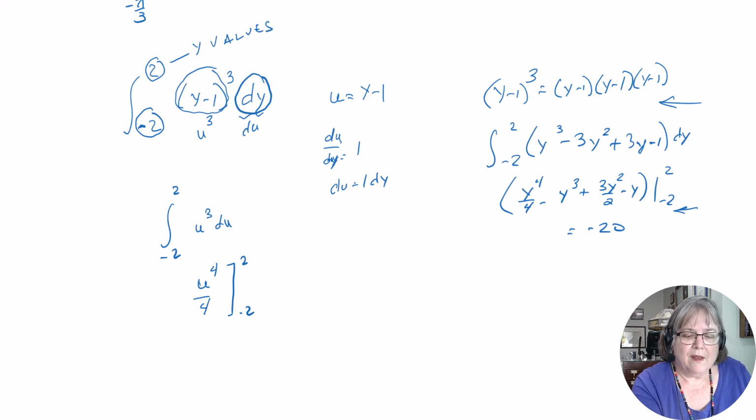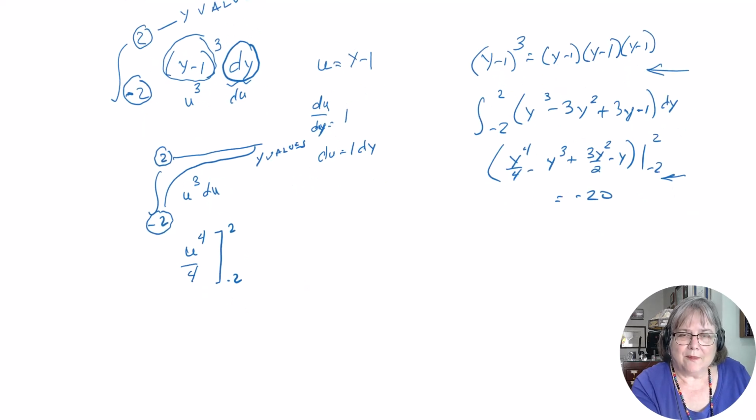In here you have u cubed du, but this and this are y values still. So you cannot substitute this 2 and this minus 2 into a u, because they're not u's, they're y's. So this is where you really have to explore this enough to know what it is that you want to do.